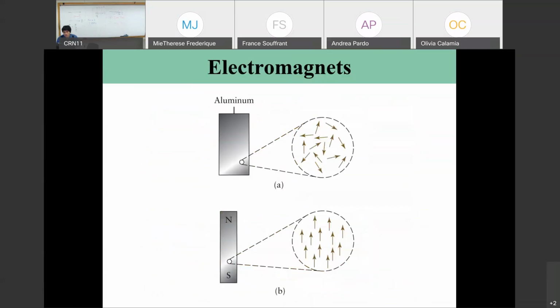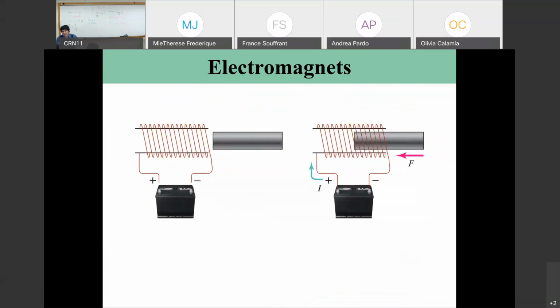So, an electromagnet. You have a coil with a length that is larger than the diameter itself of the solenoid. By the way, there is a solenoid there. You see here? Okay, imagine the white is a pipe.